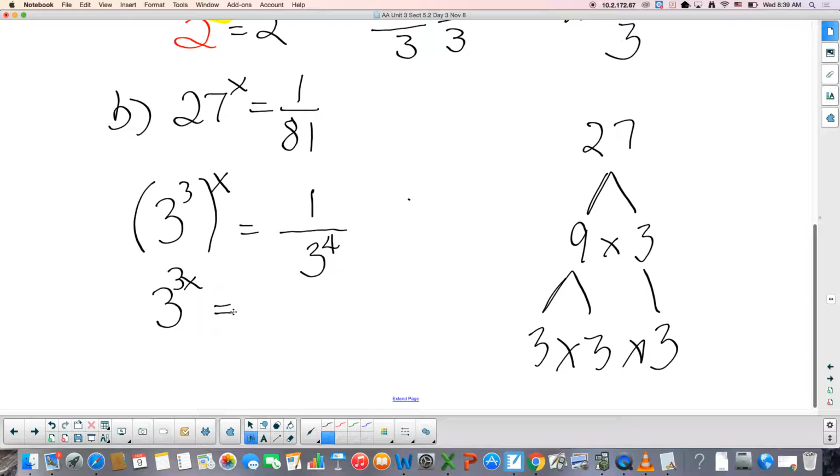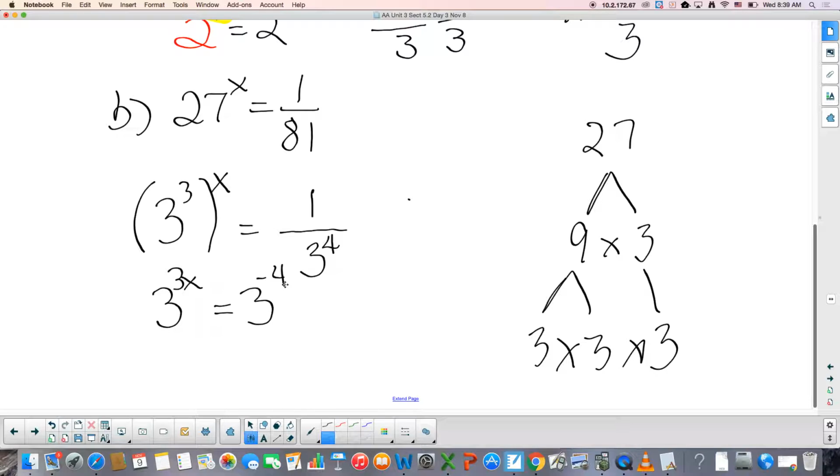I don't like that 3 in the denominator. I don't have the same base. Can I put it in the numerator? And if I do, what happens to the exponent? Negative. Is that okay? You gotta stop me if it's not okay. Usually I don't like negative exponents.